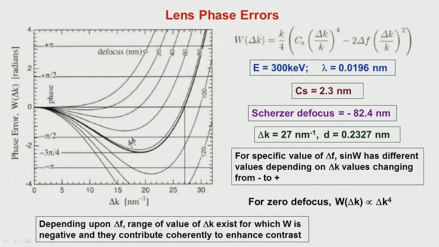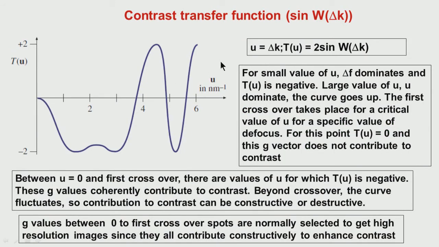Then at a particular point, when we consider the intensity contribution for all of them, one adds to it, another subtracts, and the net effect could be that the intensity of that spot could be the same as the adjacent regions. Whereas, for these values of delta k, the value is always negative. So, they coherently add, so the contrast essentially increases.